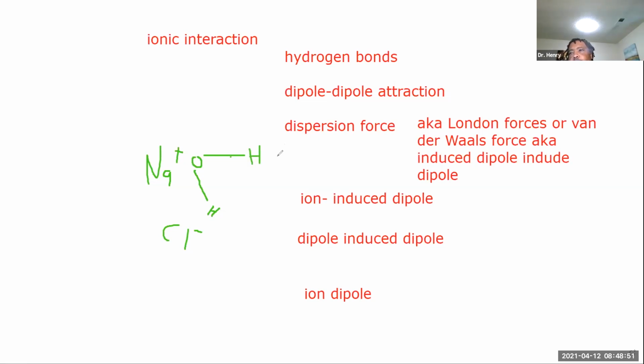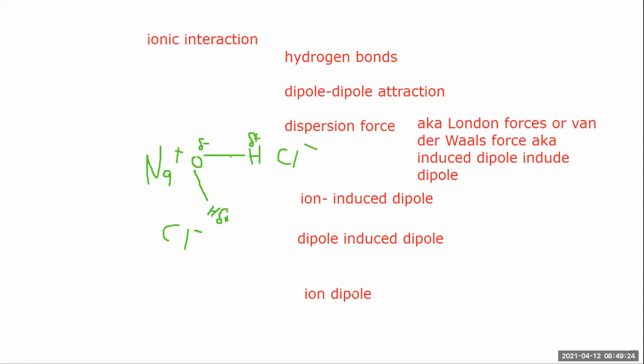And this guy will be interacting with the Cl because these guys are partially positive. This guy is negative. This guy is partially positive. This guy is partially negative. Okay, you guys see that? So these guys are going to interact with each other, and these guys are going to interact with each other, right? So that's why water dissolves. Okay, so that is an ion dipole. Make sense?